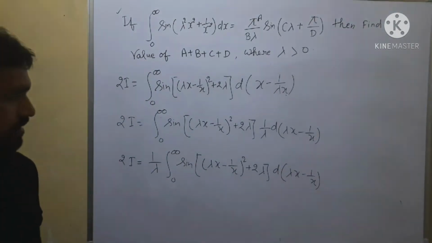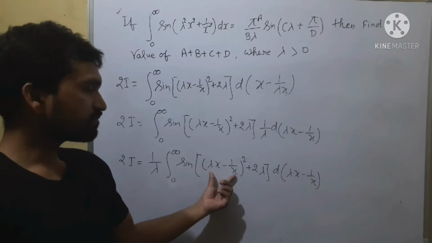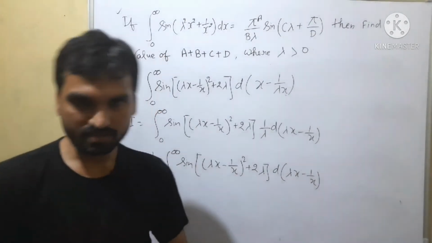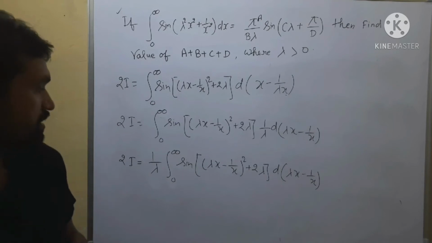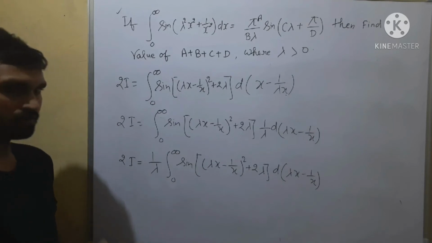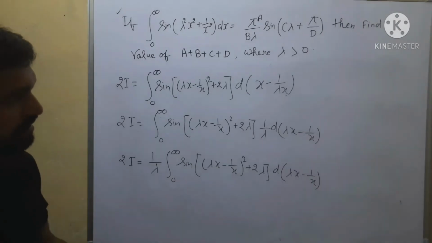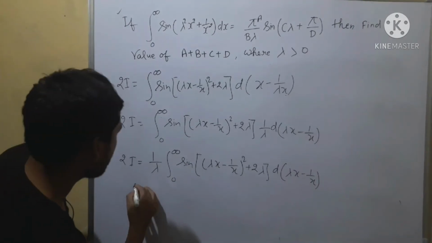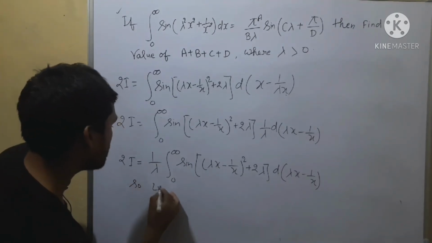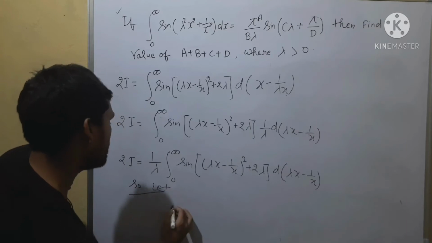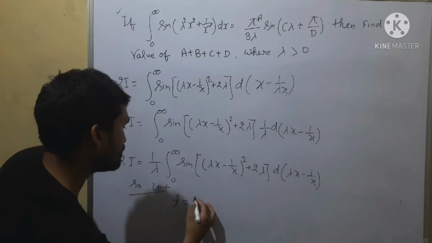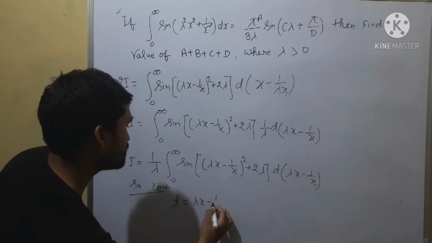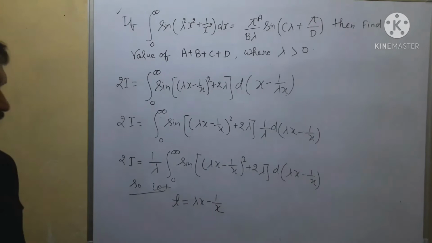Okay guys, now lambda x minus 1 by x will be considered as another variable. So let t be equal to lambda x minus 1 by x.